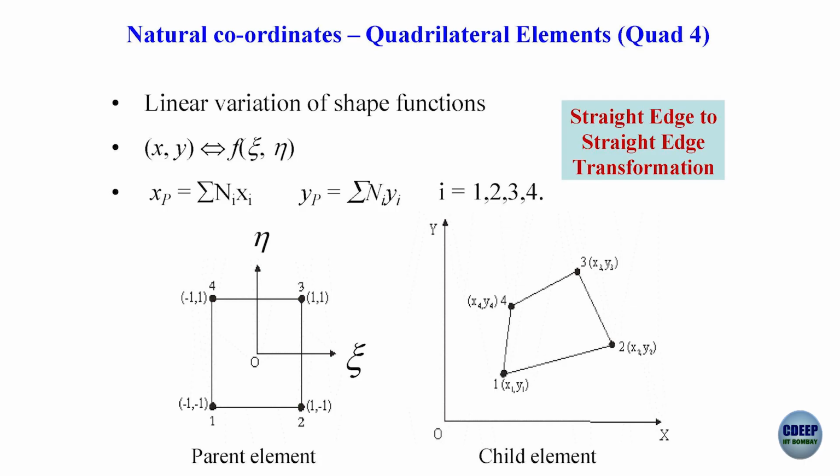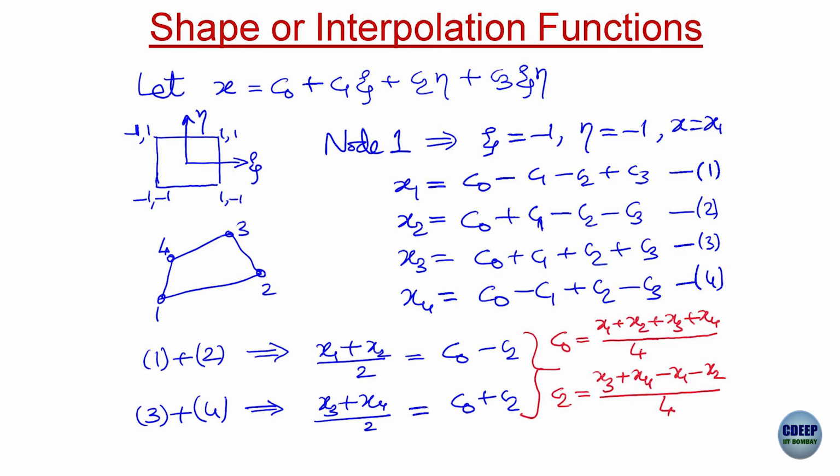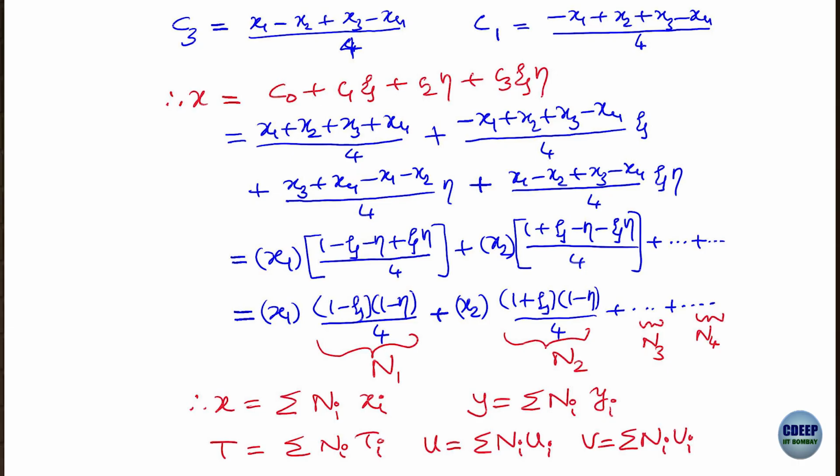We have seen how we could derive the shape functions in the conventional way, taking C0, C1 zeta, C2 eta, C3 zeta eta, substituting the nodal coordinates, making sure it gives you the coordinates of the nodes, and rearranging the terms. But we said that is a very laborious process. When we started with natural coordinates, we said these have an advantage, I can directly think of doing something.